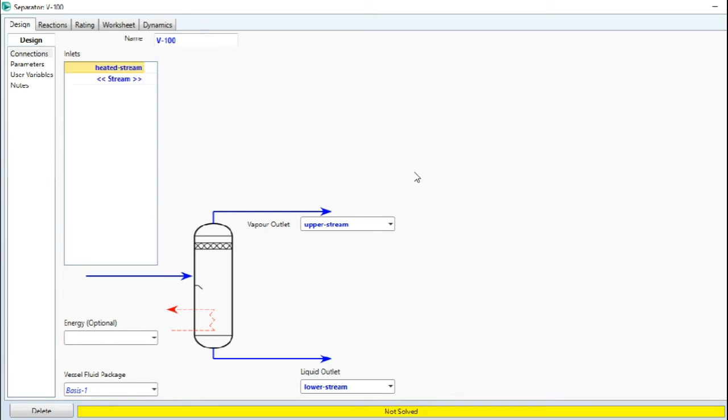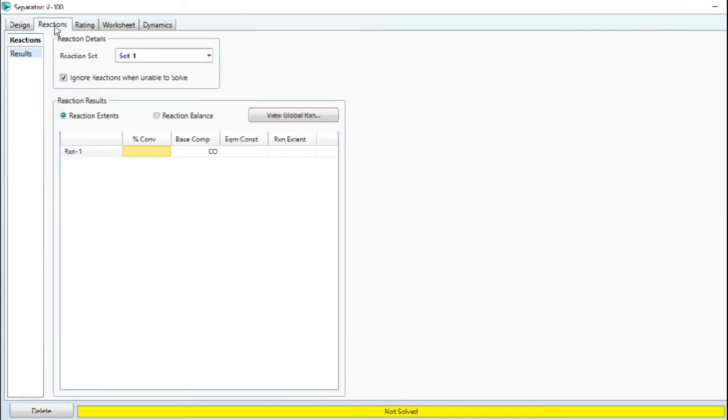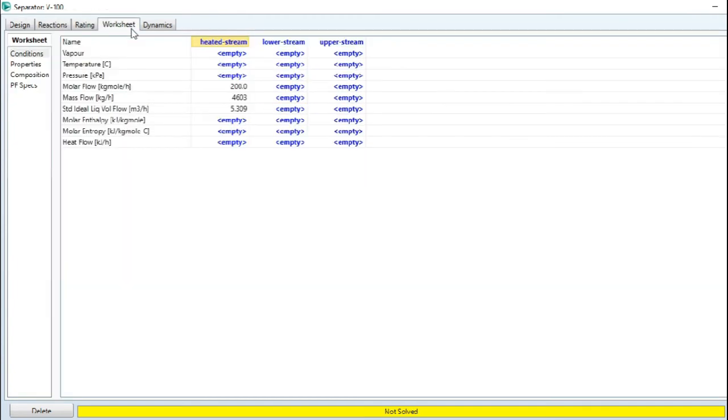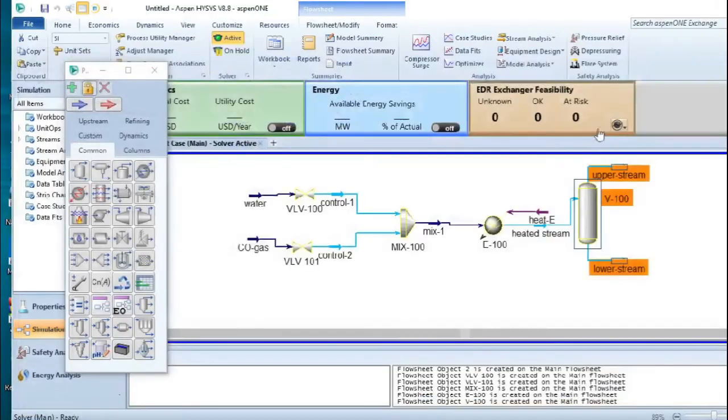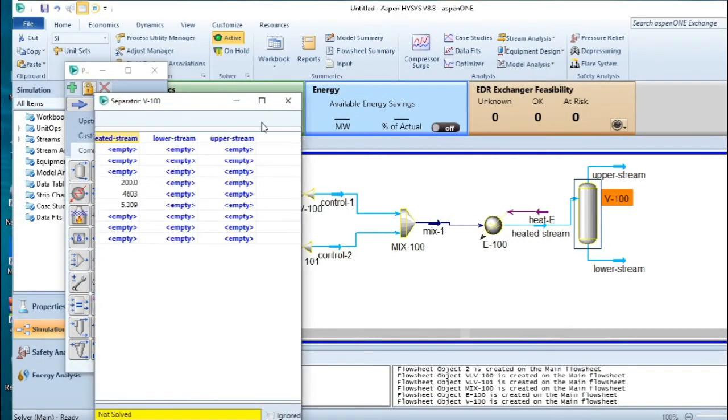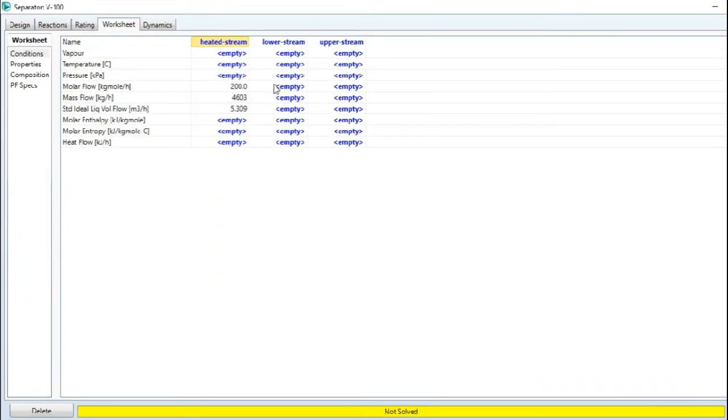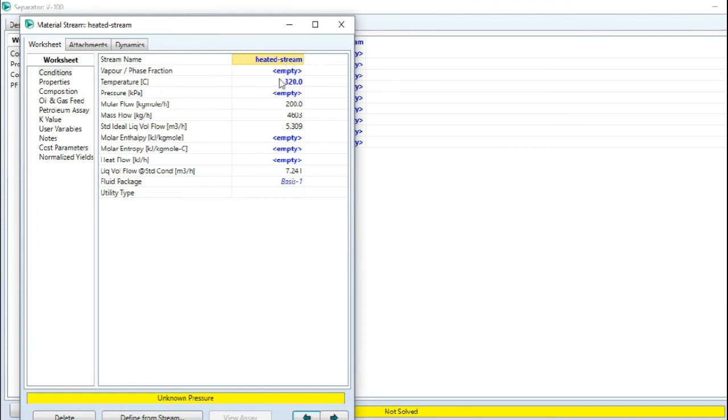Heated stream. Let's see, the temperature is 320, and the pressure to be 6 atm.